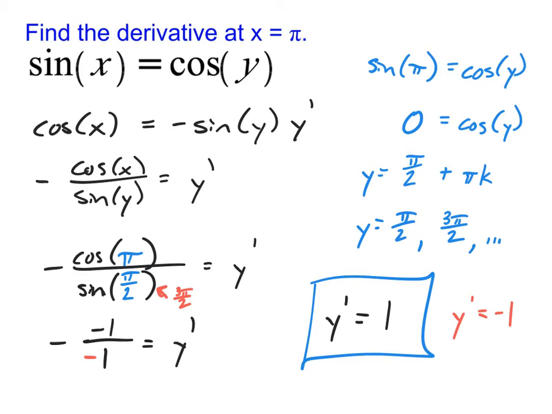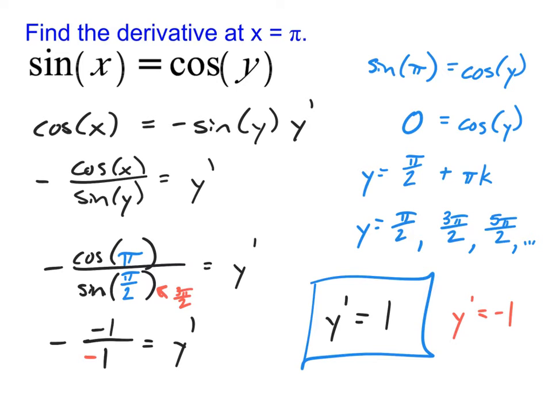What if I looped it around again and looked for another coterminal angle? After pi over 2 and after 3 pi over 2, next up would come 5 pi over 2. Is that going to give me a different answer there? Well, if I plug in 5 pi over 2 down here, that's coterminal with pi over 2, so it's in the exact same place.